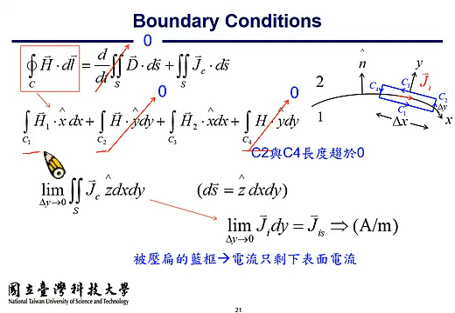Then we will have only the first and the third term, on paths C1 and C3. That will be the line integral of H1, underneath the interface, and the line integral of H2 above the interface, on the two sides of the interface.